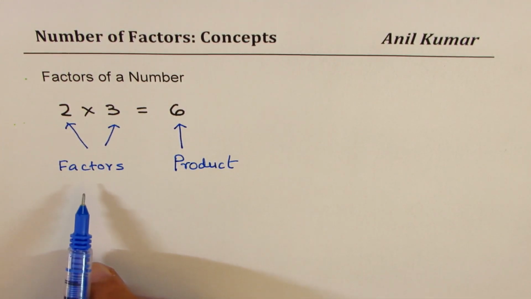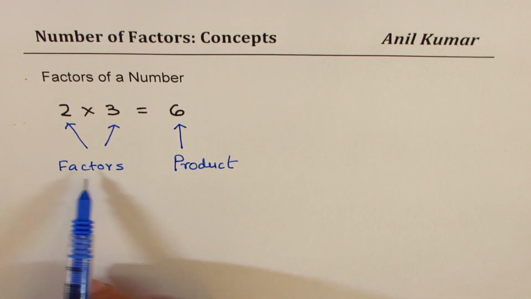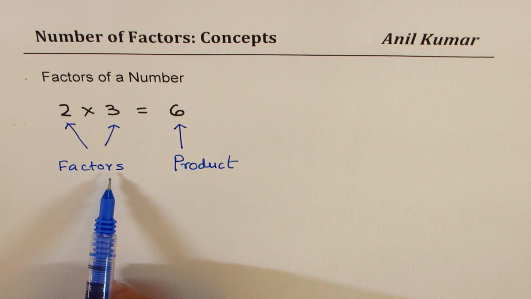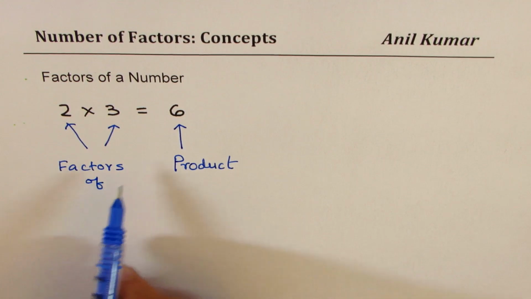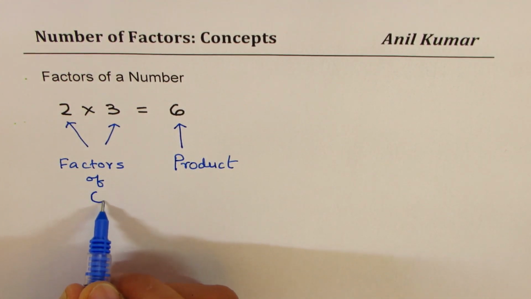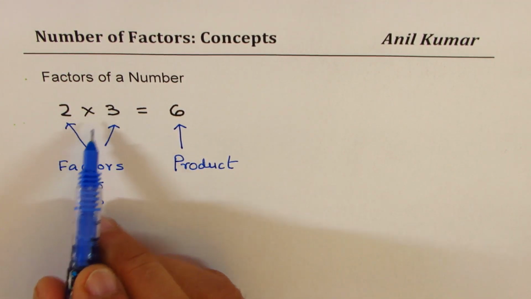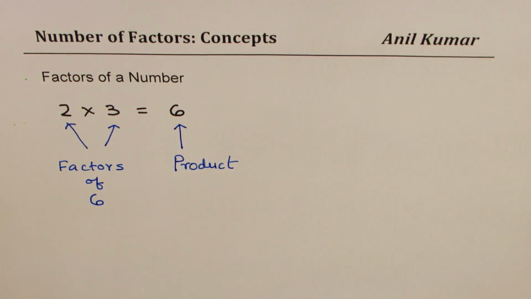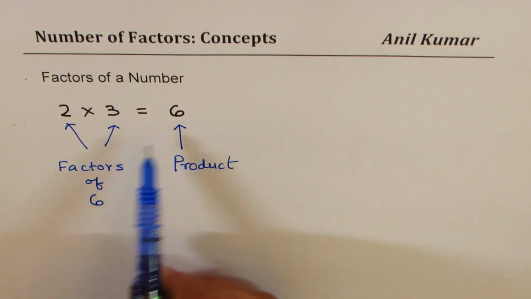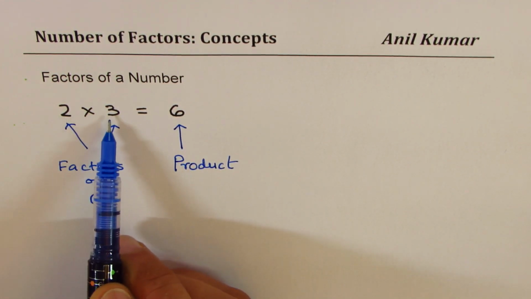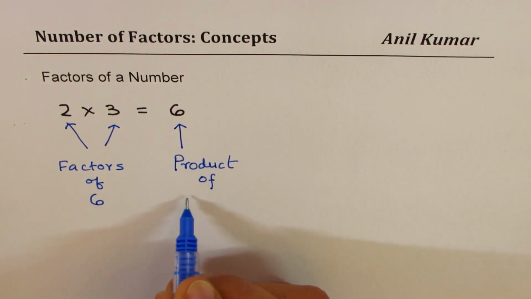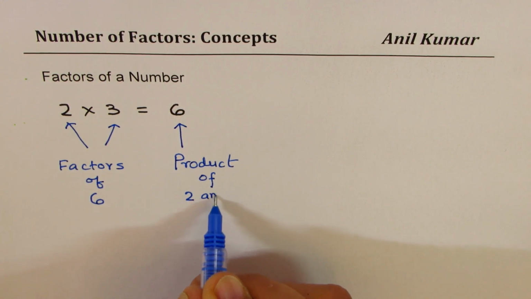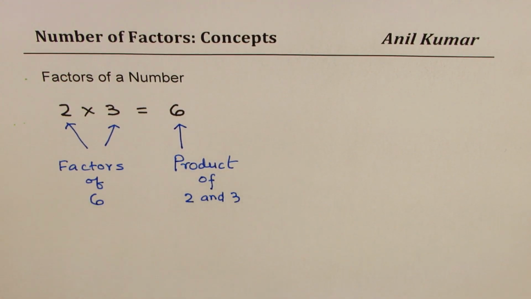Now in itself it is meaningless. Just saying factors has no meaning. We have to say factors of what? So we are saying factors of 6. So 2 and 3 are factors of 6. It makes sense. We can also say product of 2 and 3 is 6. So that is how we refer to these terms.